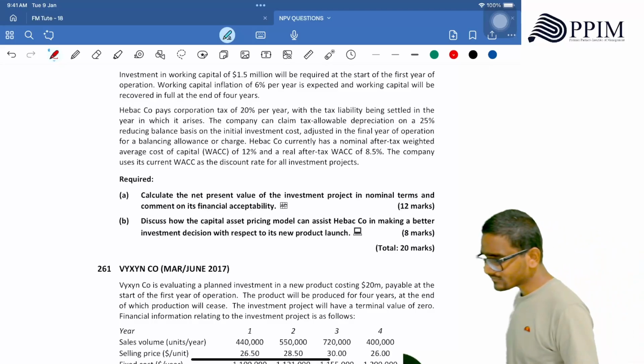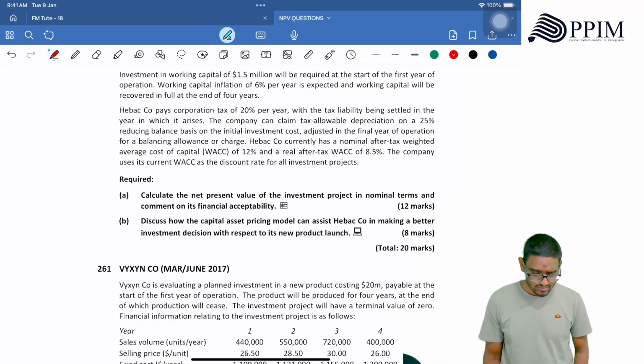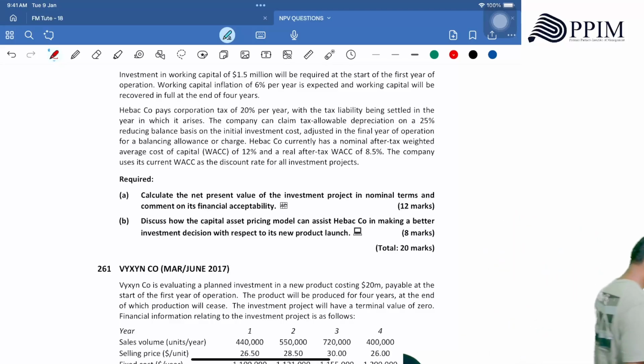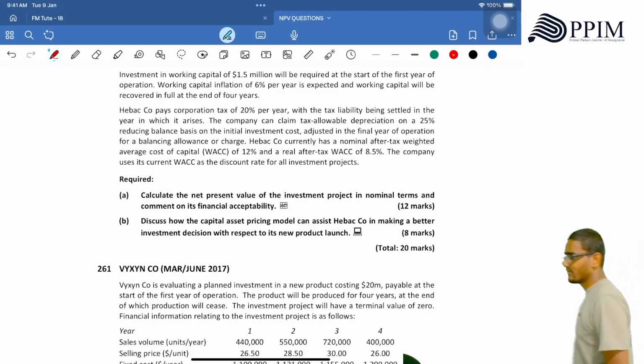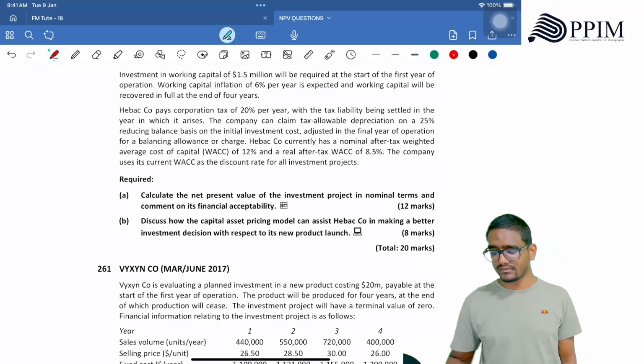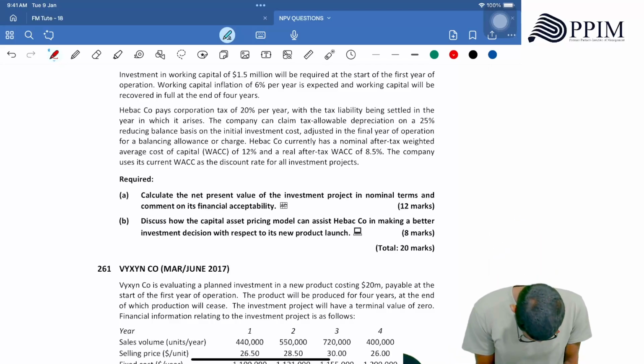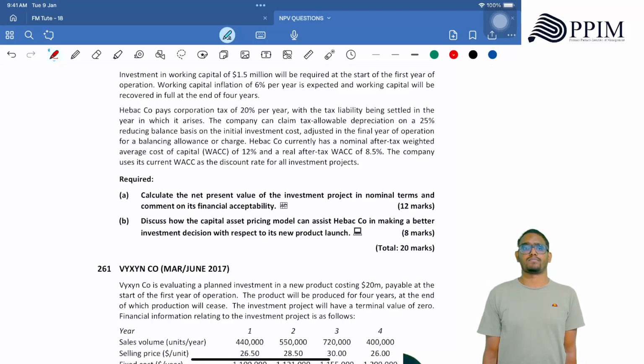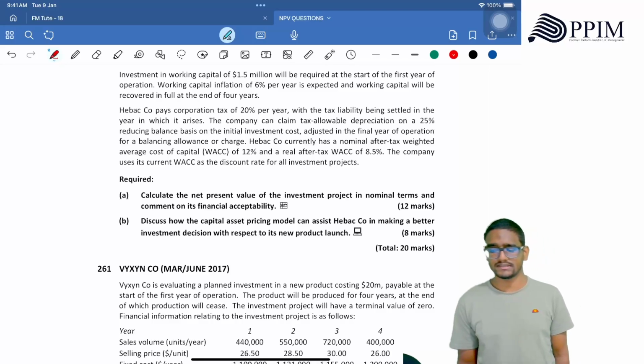Then the second point you can say, using CAPM will help you with calculating a project specific discount rate, which will help make a better investment decision.